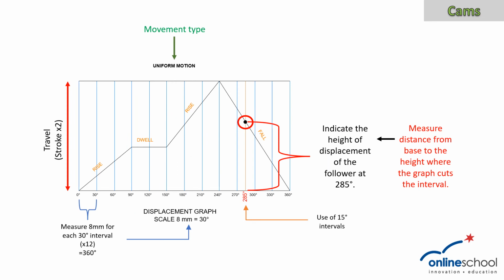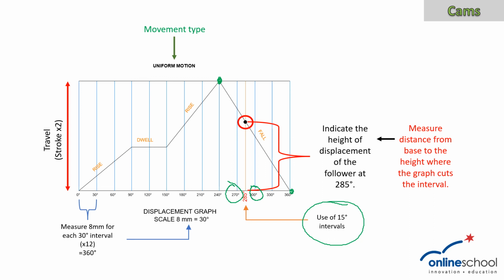Here we are going to illustrate the use of the 15-degree interval, where we start with our follower at the maximum displacement and it's going to fall all the way to the starting position at 360 degrees to complete its full rotation. So let's say between 270 degrees and 300 degrees, we want to show now an extra 15-degree interval on our cam disk profiles construction.